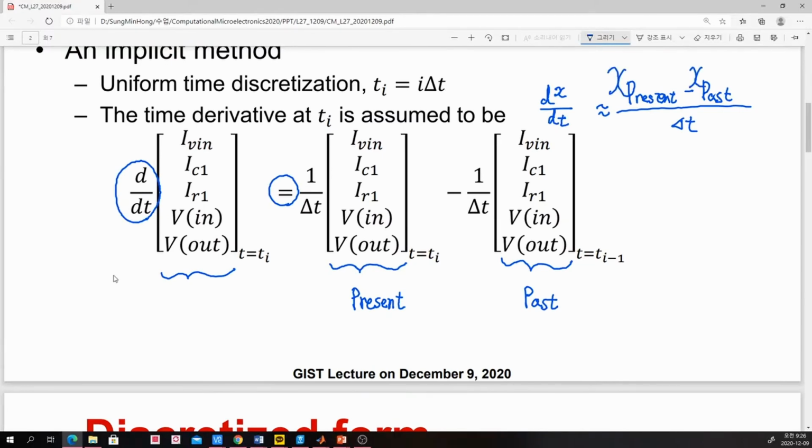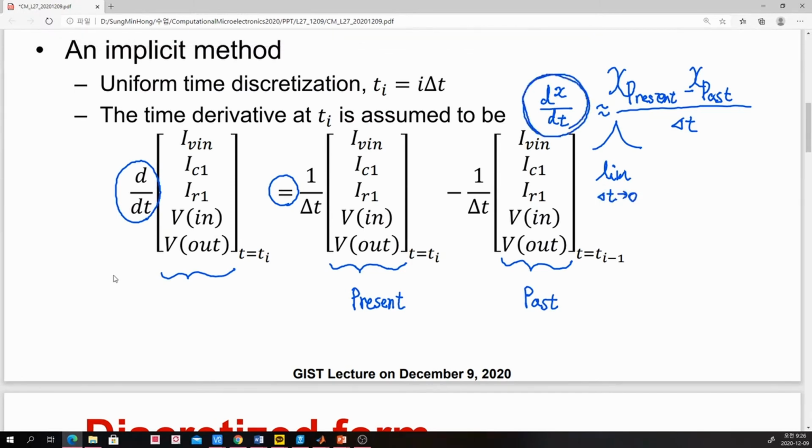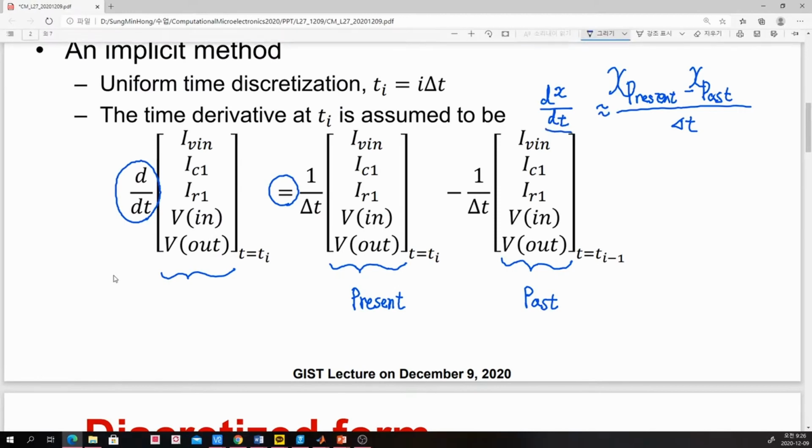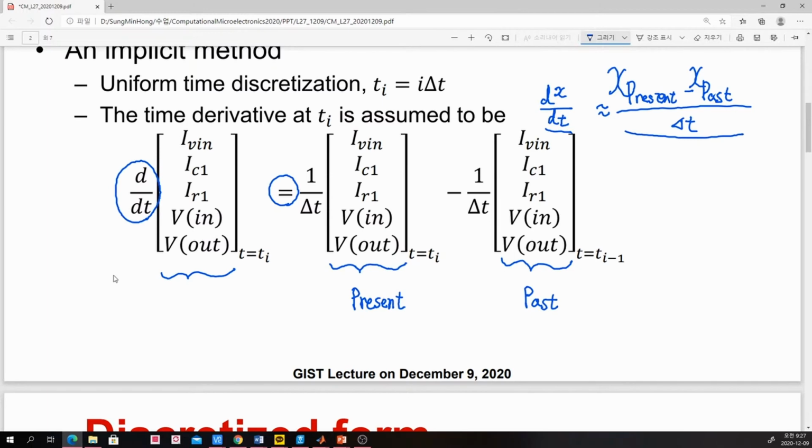When we take the limit of vanishingly small delta t, eventually we will get the real derivative. Of course, this is not possible, so we will have a certain finite number for delta t, but we assume that this delta t is small enough to satisfy the closeness between the time derivative and its discretized form.